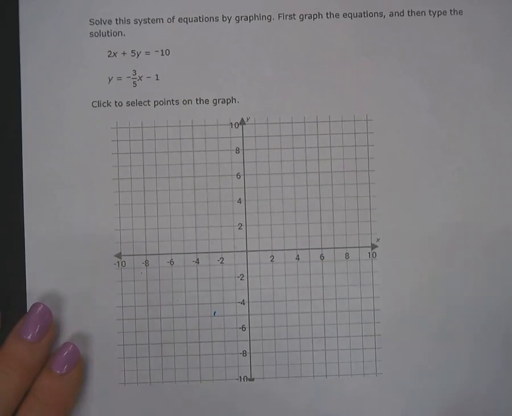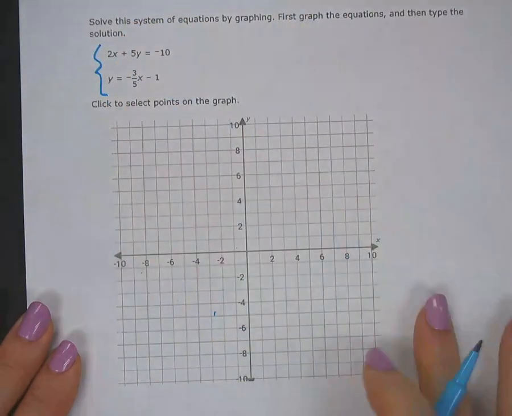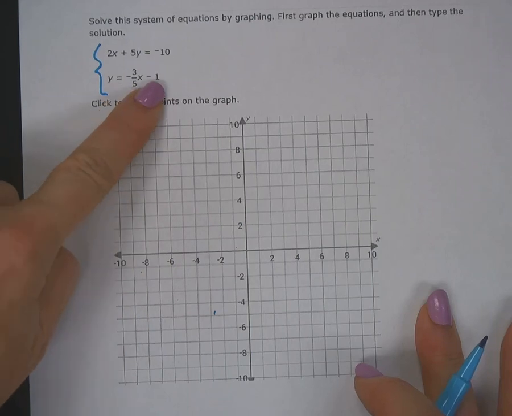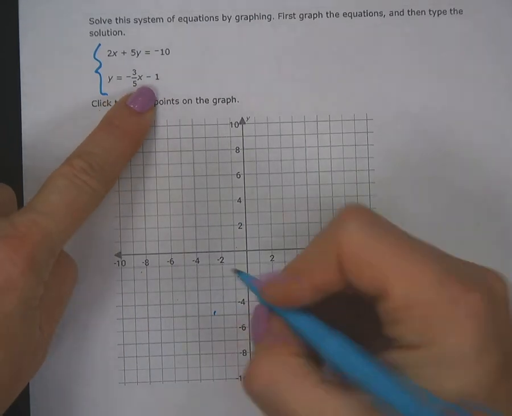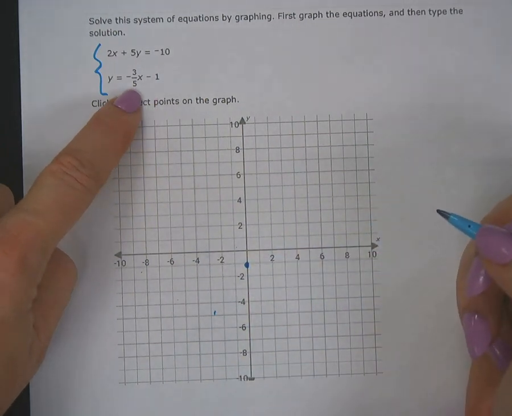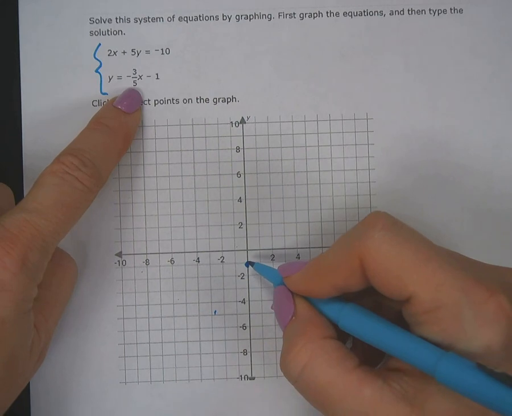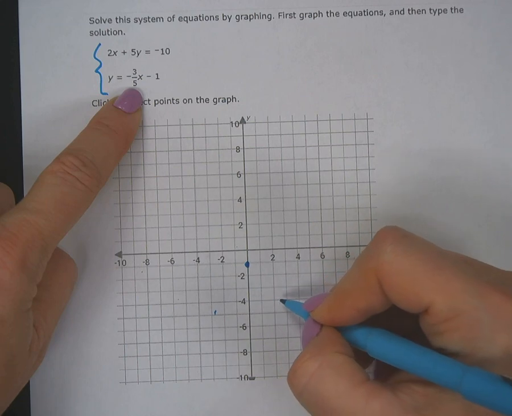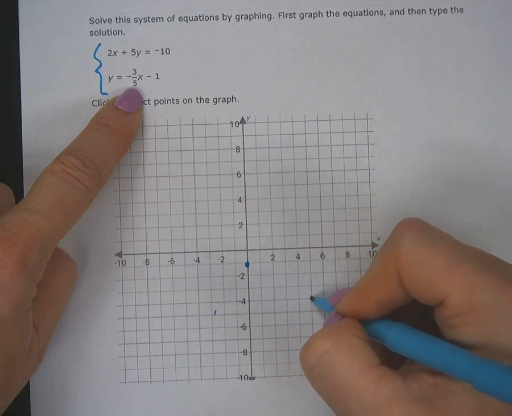Okay, take a look at the second system. And I'm going to do the second line first because it's already in slope-intercept form. So this has a y-intercept of negative 1, and our slope is negative 3/5. So that means we have to go down 3, we rise negative 3, and then we run always to the right 5.